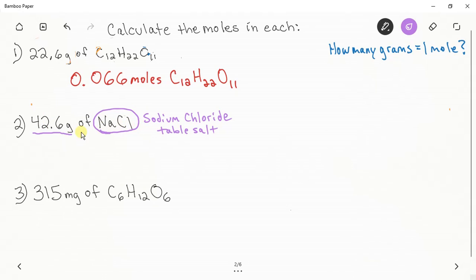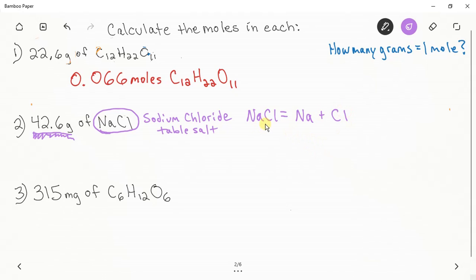So we need to find out, before we do anything with this 42.6 grams, first we just need to take that NaCl and find out how many grams of sodium chloride are in 1 mole of sodium chloride. So we know that NaCl is Na plus Cl.